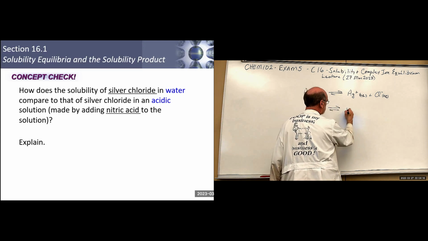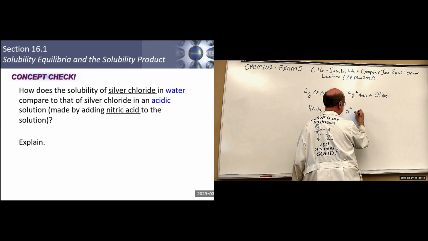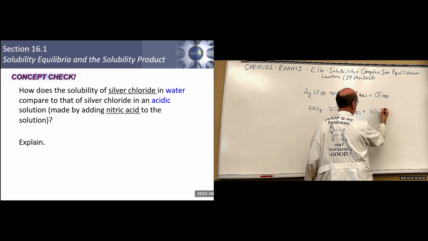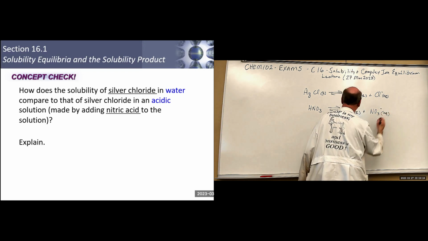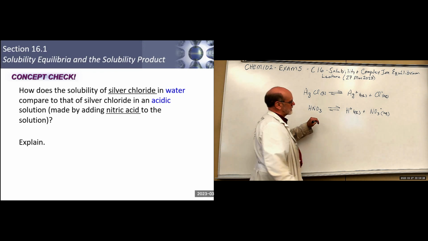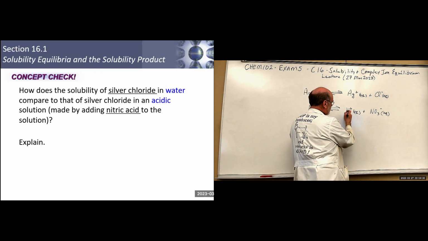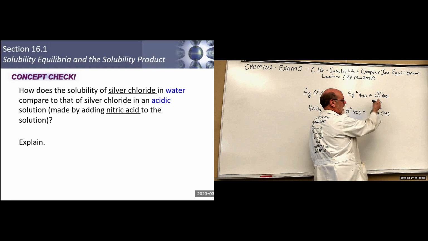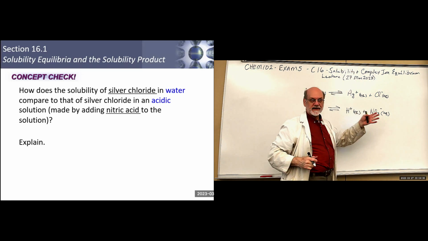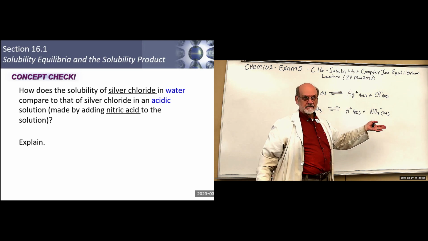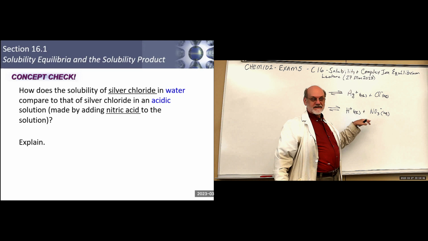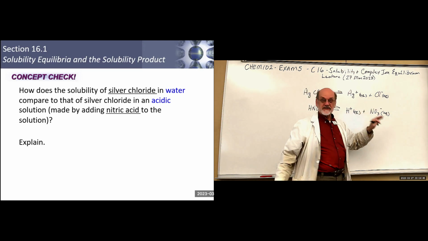Right? It breaks up completely into these ions. Okay. All right, what can react with what? Well, there's none of this left. So we say, okay, if cation reacts with anion, right? Hydrogen plus chloride, what are you going to get? Nothing. Because HCl is a strong acid. It's already like that, and it wants to stay that way.